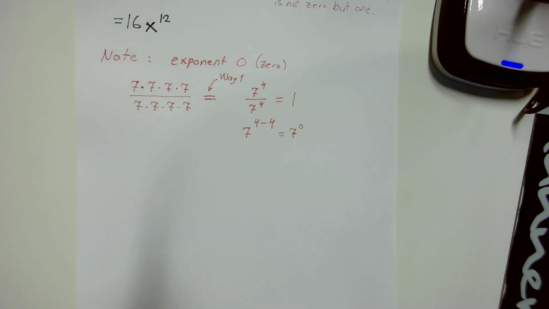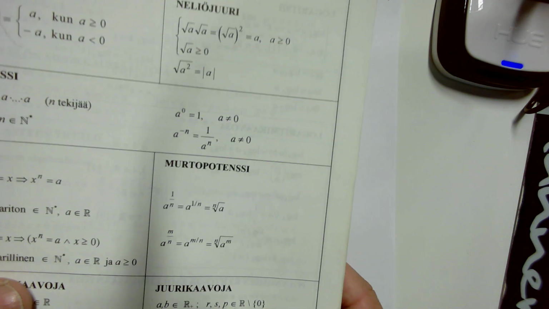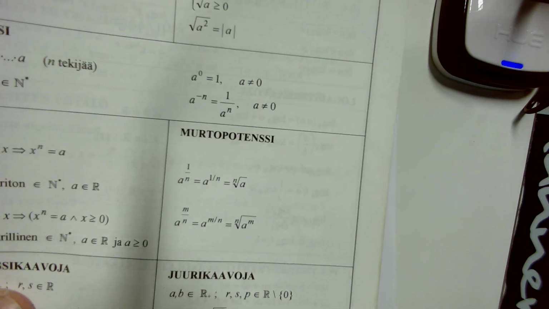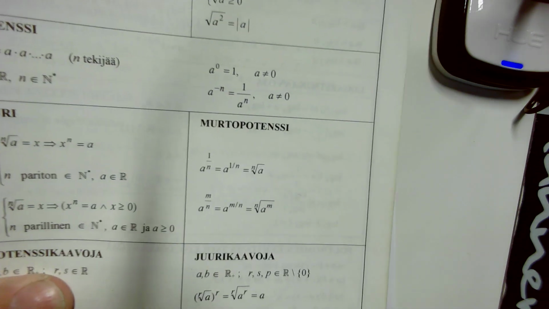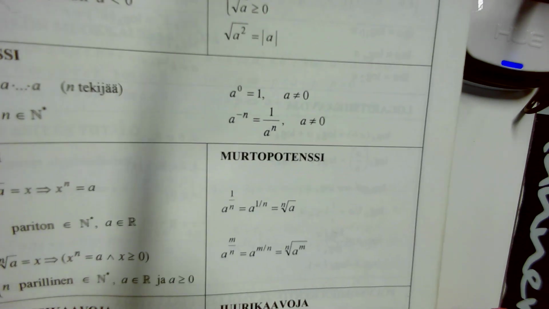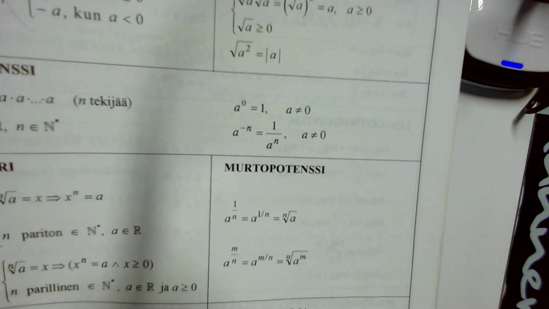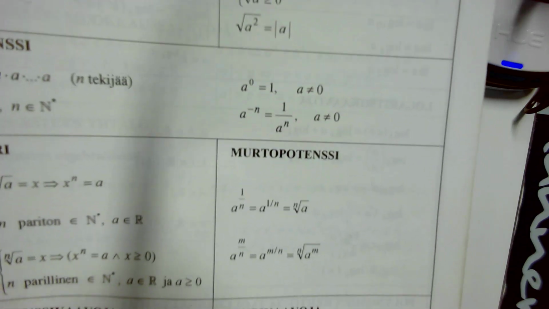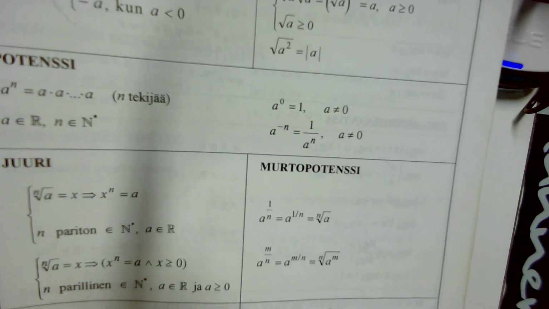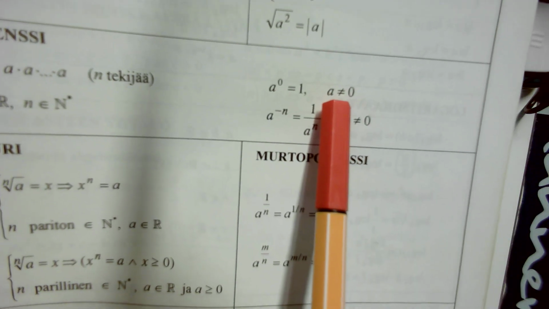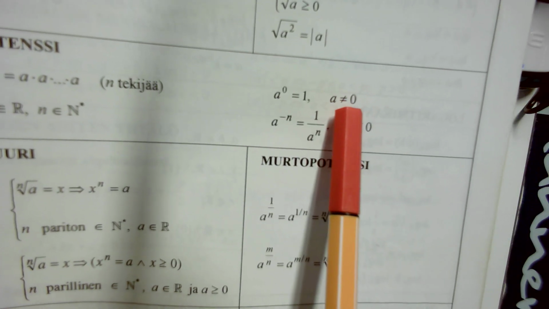This is only a number example, but the same holds with almost every number. There is one exception, and it is shown in this formula book. Actually, I have to say that this is quite a theoretical situation. I haven't ever had a situation where I actually have needed that kind of calculation where this A would have been 0.